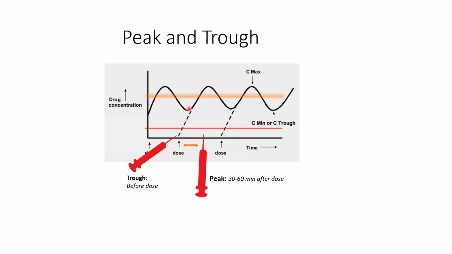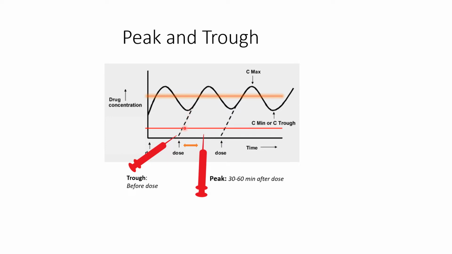This is something to have in mind when the doctors order levels of the medication in blood, because doctors could be interested in the maximum concentration, that is called the peak of concentration, and the lowest concentration, that is called the trough concentration.